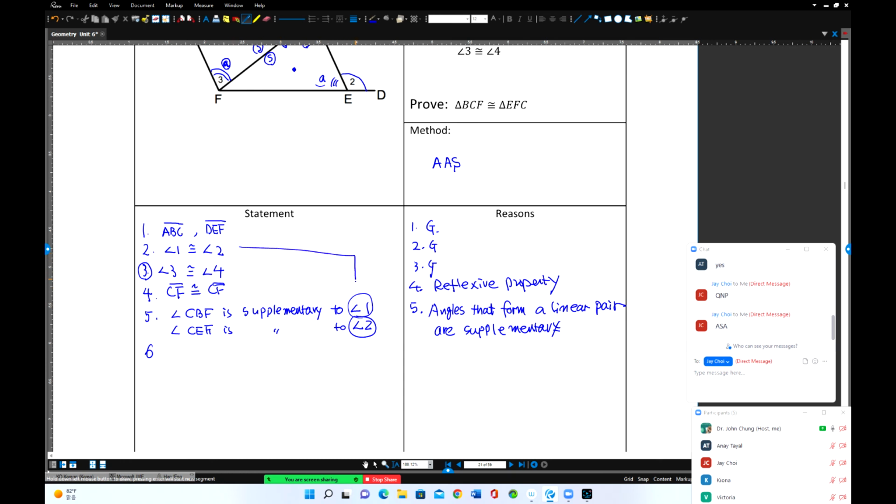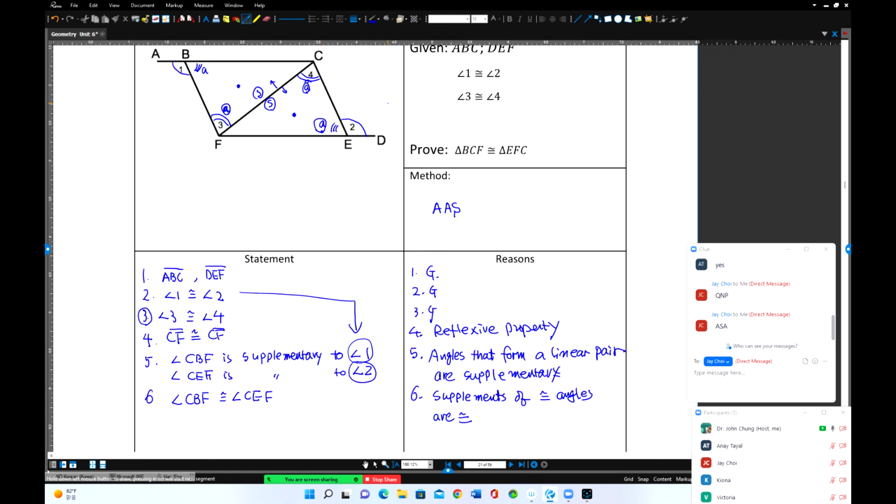So their supplements are still congruent, right? So you can say angle CBF is congruent to angle CEF. The reason is: supplements of congruent angles are congruent. Now this is done.